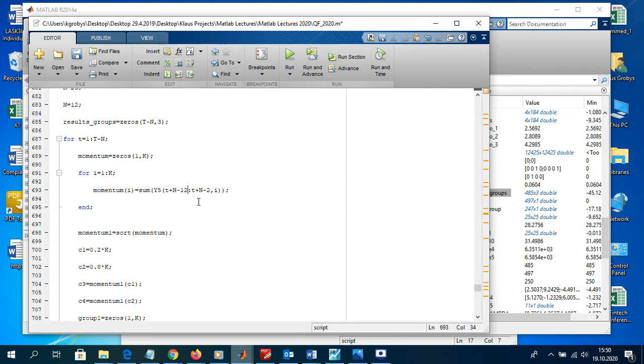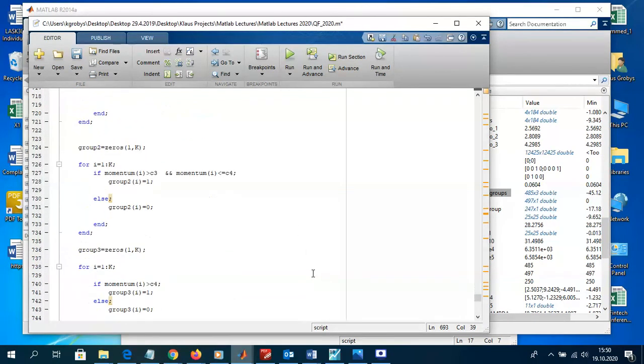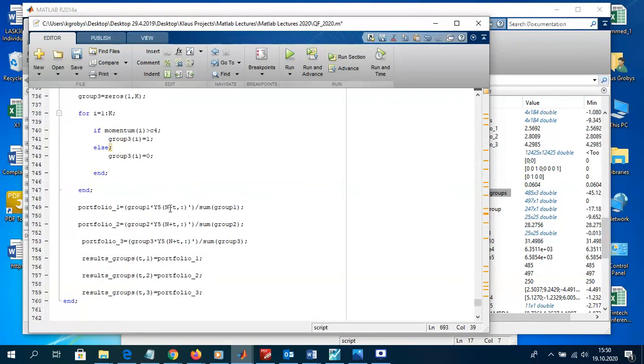If capital N is 12 and t starts at 1, we take the sum from observation 1 until 11. We skip 1 month, and our first forecast is in month 13.